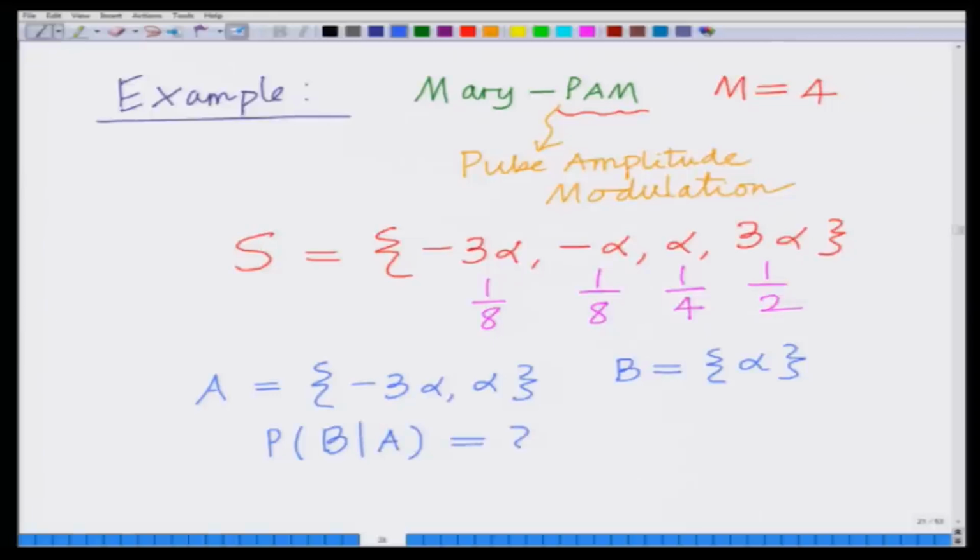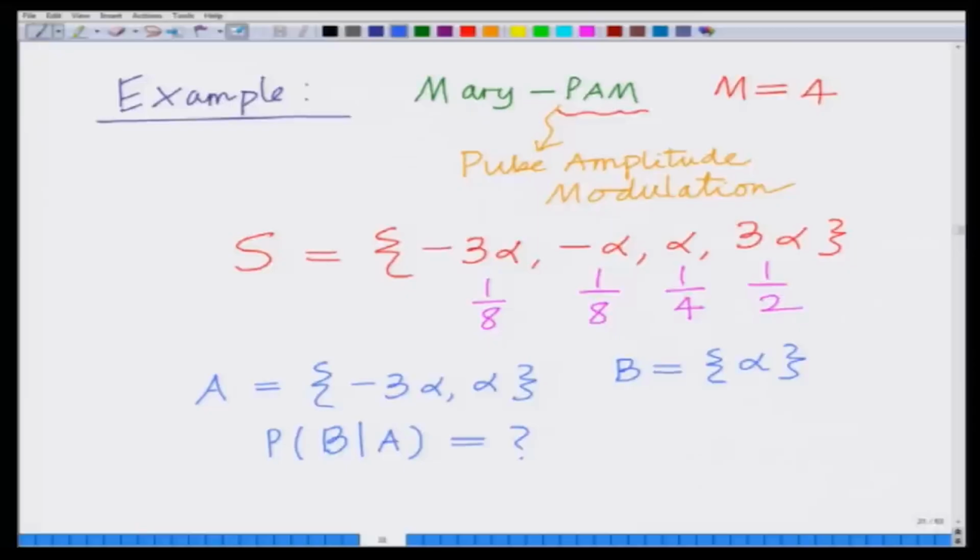So, the set A denotes the PAM symbols -3 alpha and alpha, B denotes the PAM symbol alpha. We are asking what is the conditional probability of B given A, that is, given that event A has occurred, that is, the observed symbol belongs to the set -3 alpha, alpha, which means the PAM symbol is either -3 alpha or alpha.